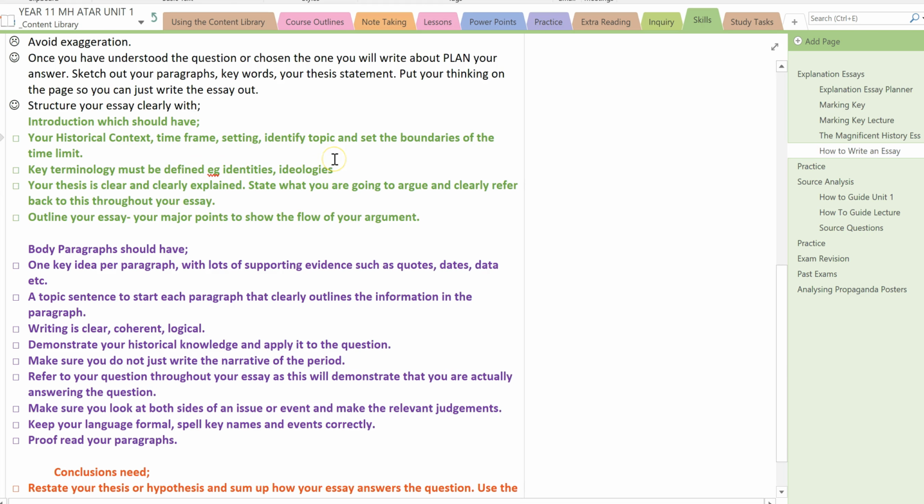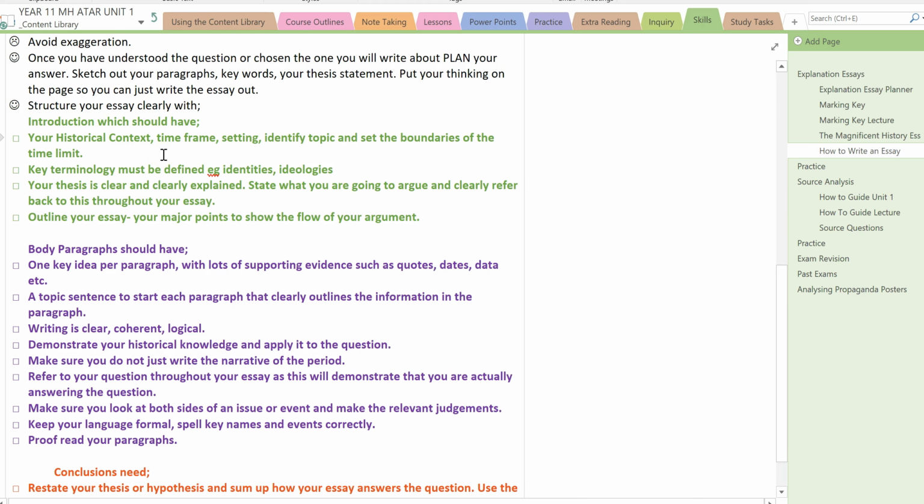You've got to define it. Your thesis is clear and clearly explained. State what you're going to argue and clearly refer back to this throughout your essay. Outline your essay. What are the major points going to be? So that is really how you can do it.